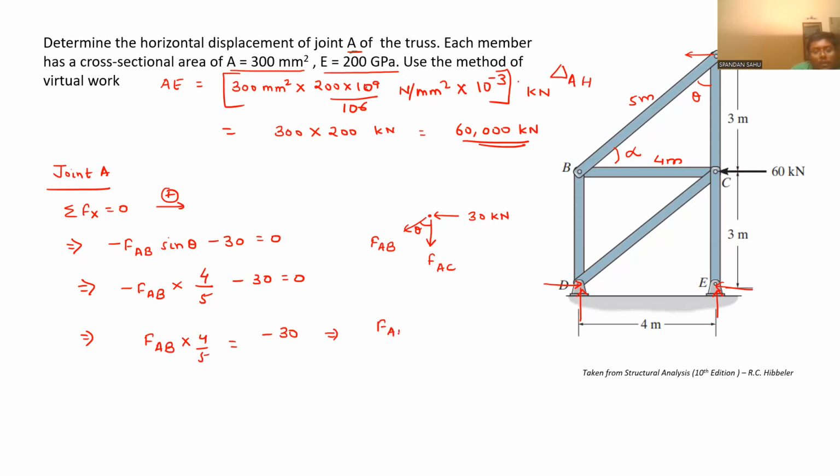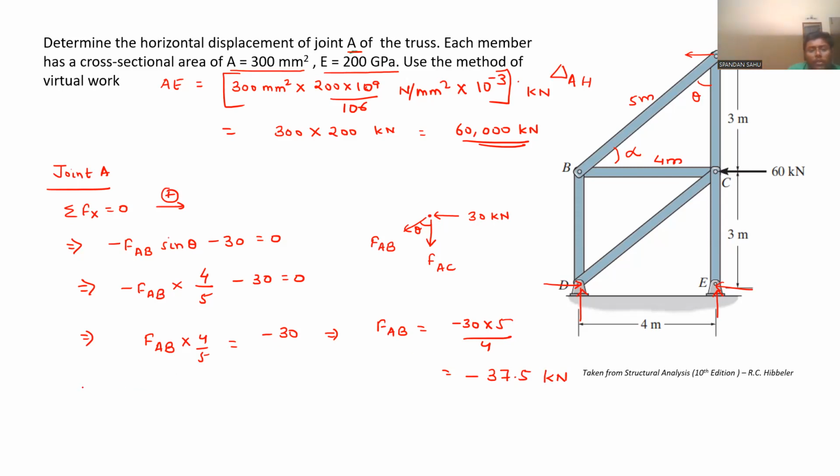So FAB equal to minus 30 into 5 by 4. Let me check. FAB we are getting minus 37.5 kilonewton. So we got the FAB value.